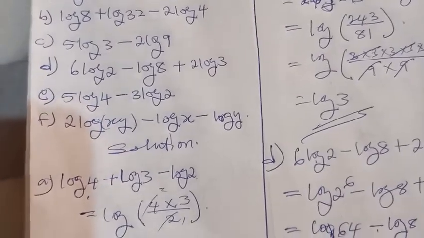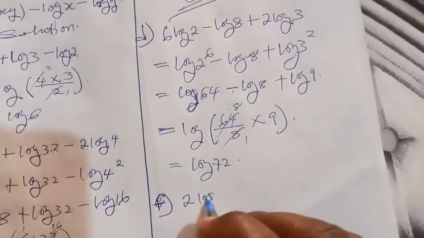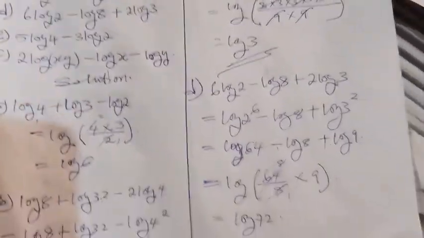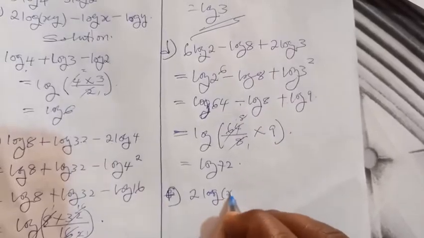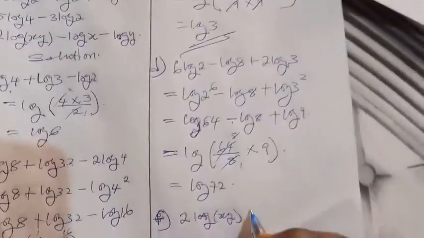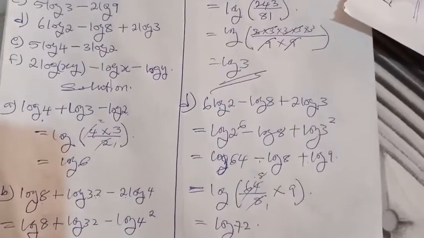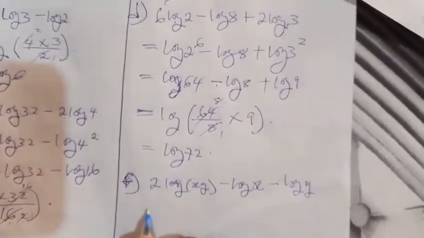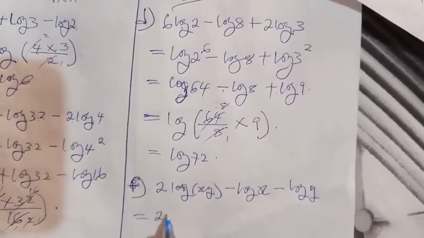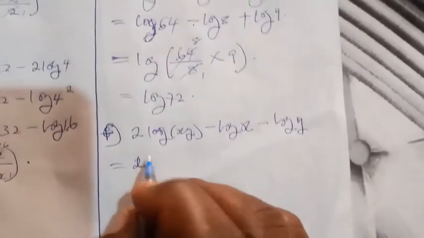I'll leave that as a classwork. Let me do F. In F, we have 2 log xy minus log x minus log y. See that? So this would become what? Equal to 2, I'll apply the third law here.